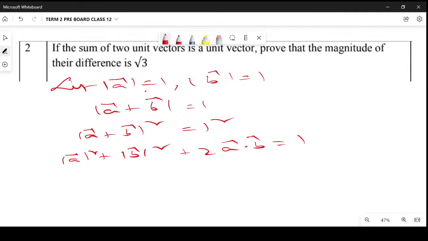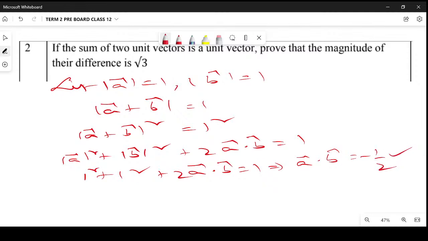We know mod a bar is equal to 1, so this will be 1 square plus 1 square plus 2 into a bar dot b bar equals 1. From this, a bar dot b bar equals 1 minus 2 over 2, so we get minus 1 by 2. This is a bar dot b bar is minus 1 by 2.